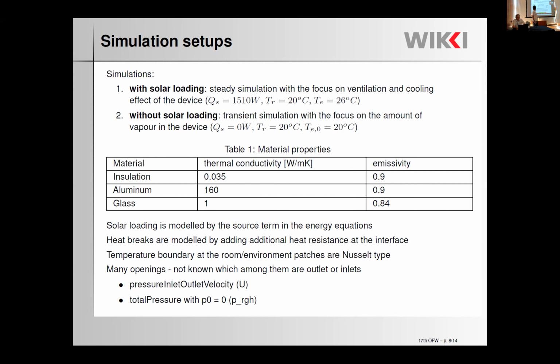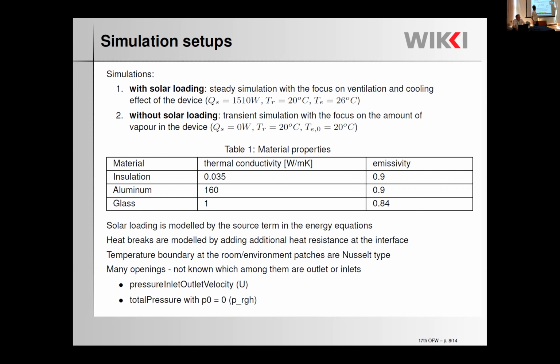Of course, this does not have the solar loading model because solar loading in this case works in our favor, since less moisture gets condensed when we have additional heat coming from the sun. And this case doesn't have a temperature difference. The external and the room temperature are both 20 degrees Celsius.